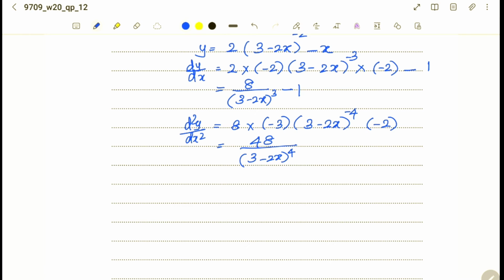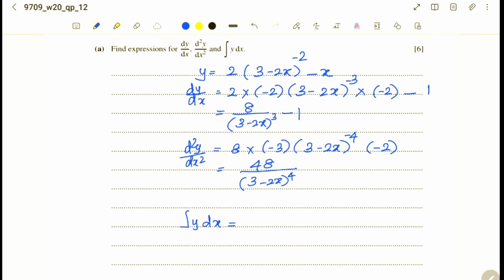Next, integral y dx. Two multiplied by 3 minus 2x the whole power minus 2, minus x, multiplied by dx.